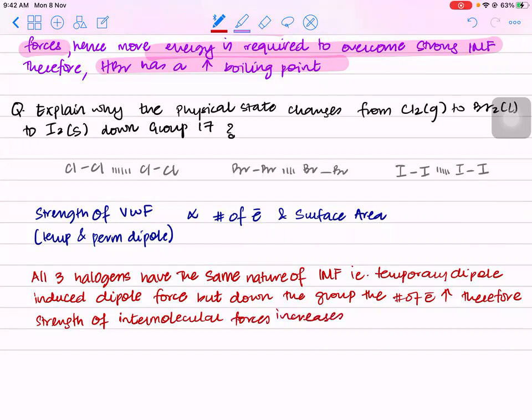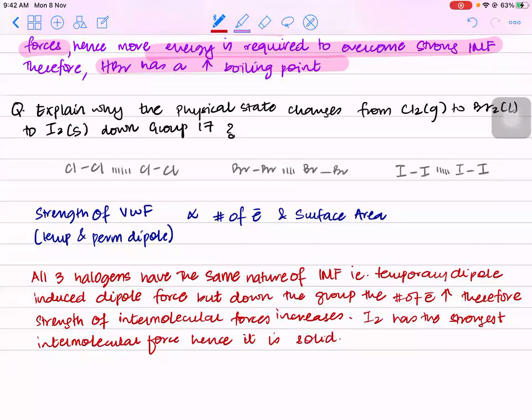And since the strength increases, iodine has the strongest intermolecular force. Therefore, this is solid. Is this clear? And the weakest intermolecular force will be of chlorine because it has the least number of electrons. Therefore, it is gaseous. Is that clear?